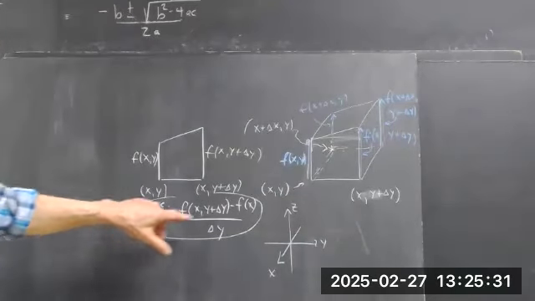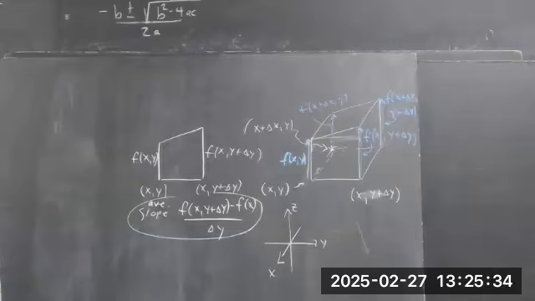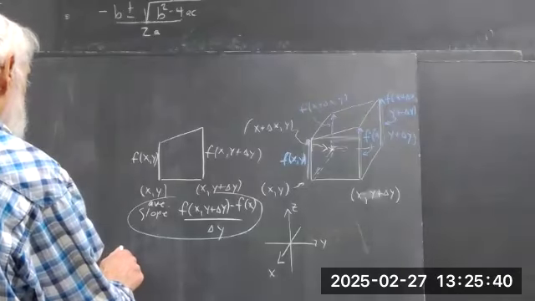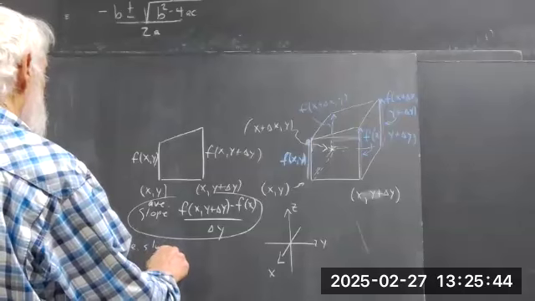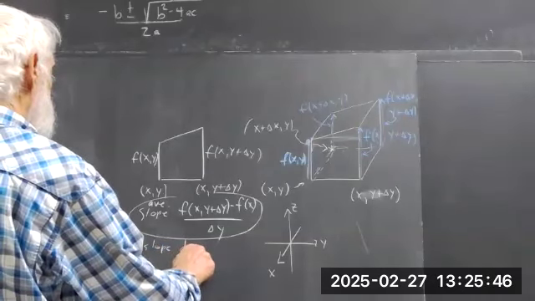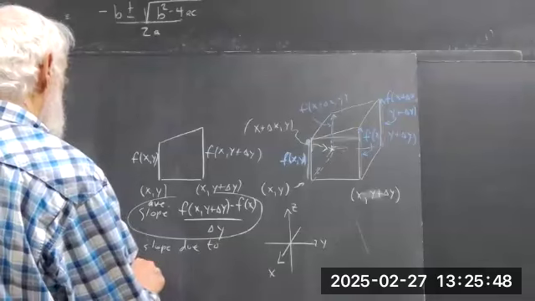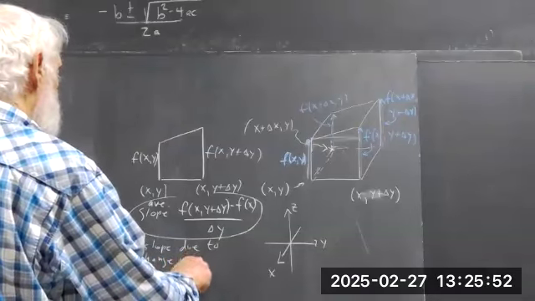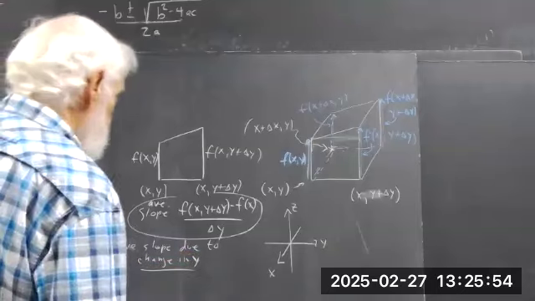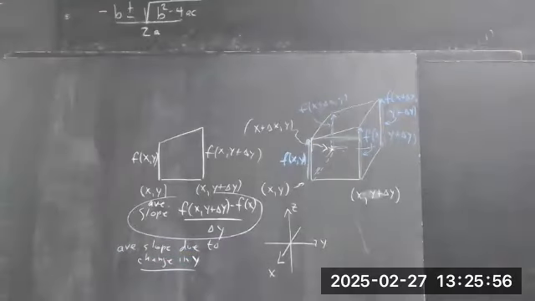So anyhow, there's your average slope. Does that make sense? Okay, well, this is a slope. It's an average slope due to change in y.